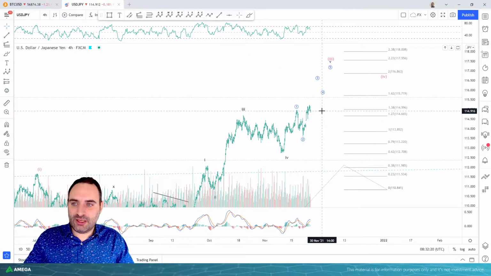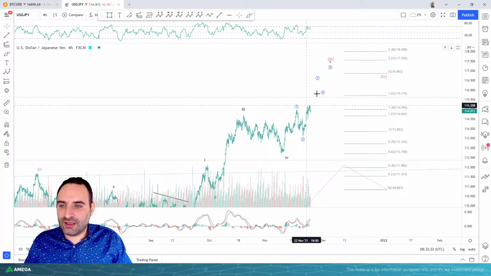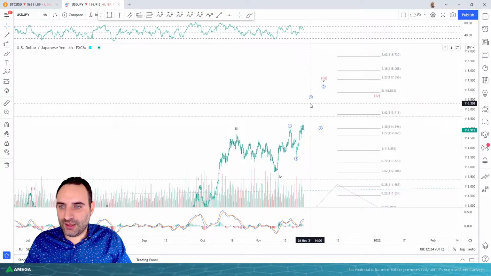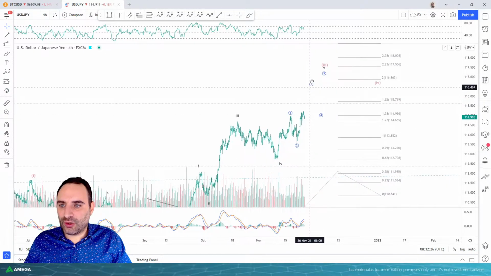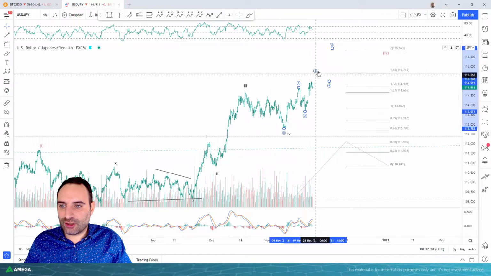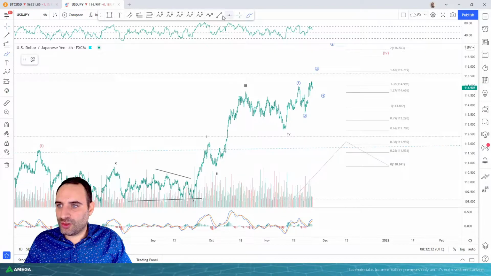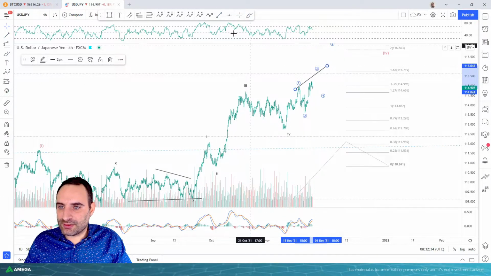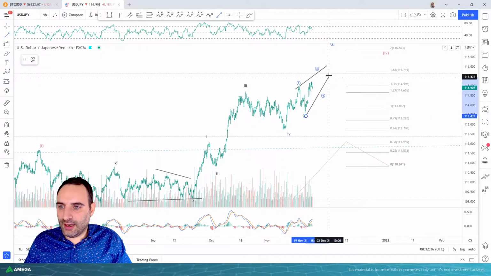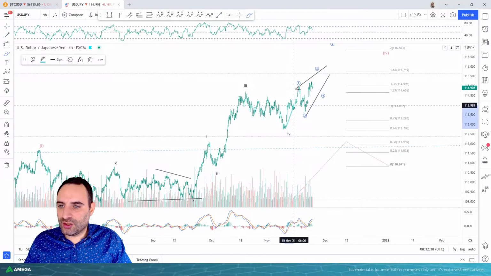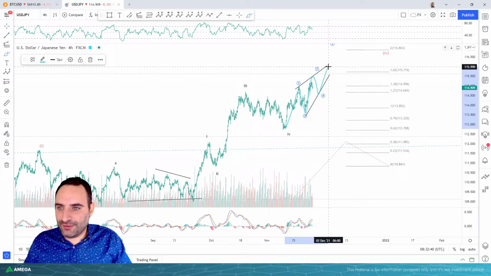Or we can look at it in the short term as this being an ending diagonal, okay, which means we're going to see a corrective, not progressive move, which means this is going to be something like this. And we're going to see prices do 1, 2, 3, 4, and 5.